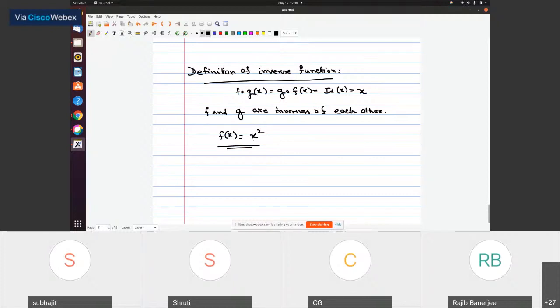So you are saying that this is the square root of x, right? Why? Because what is f composed g of x? It is square root of x whole square, so x.